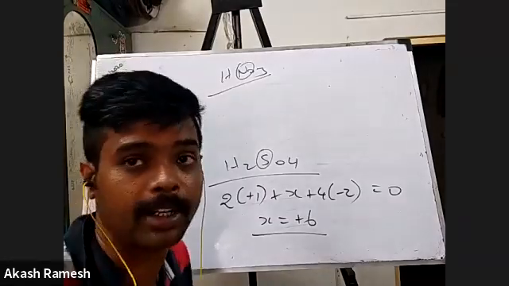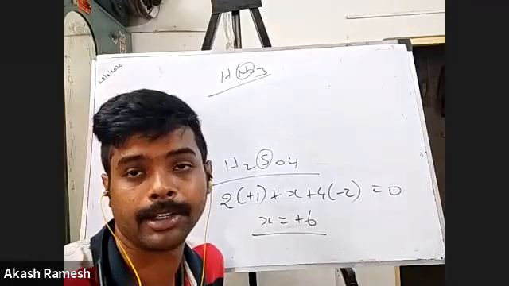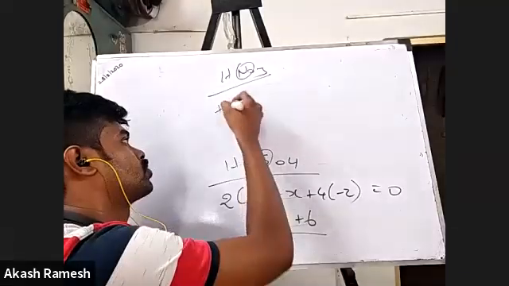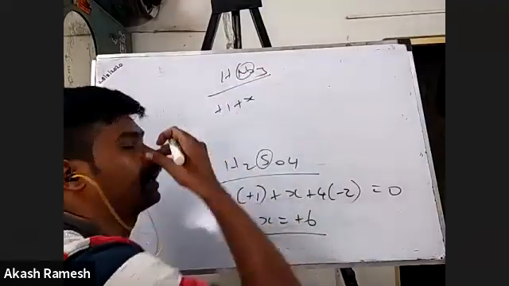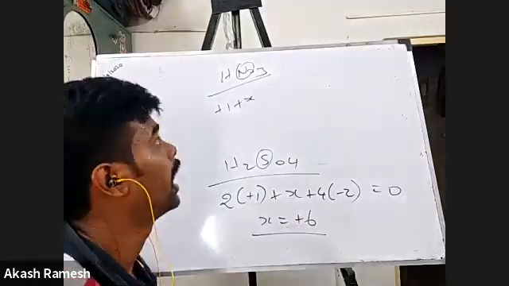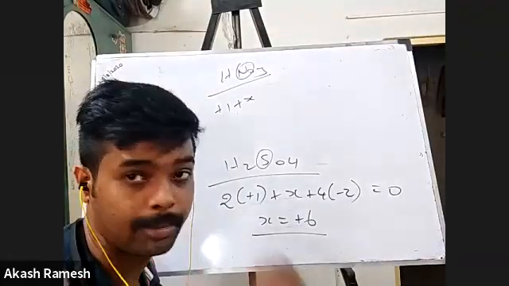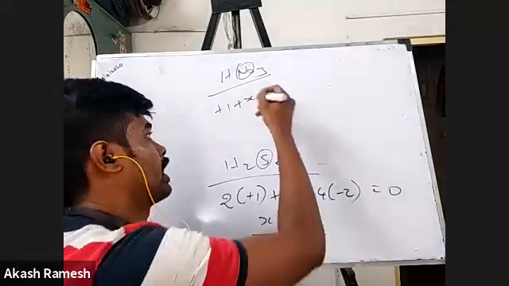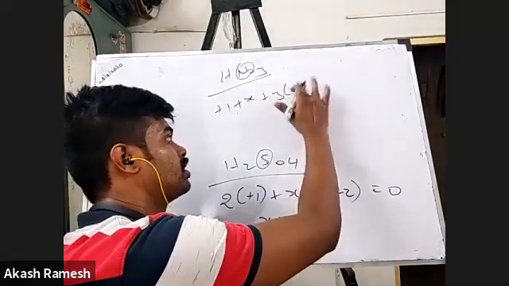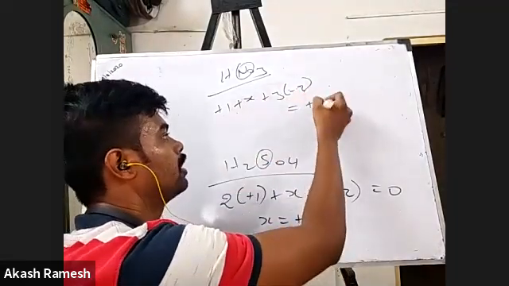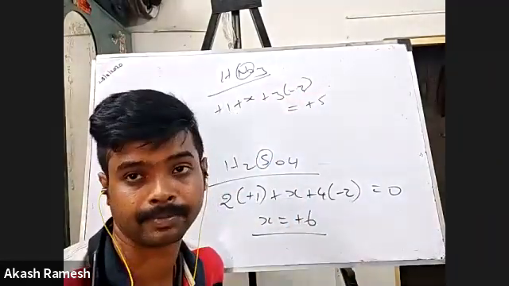Again, the moment you see hydrogen with more electronegative elements, it is +1, and there is only 1 hydrogen. Nitrogen I have to calculate, so let me keep it as x. There are 3 oxygen atoms, obviously each with an oxidation number of -2, so I have 3 into -2. So you will find that it is going to be +5.